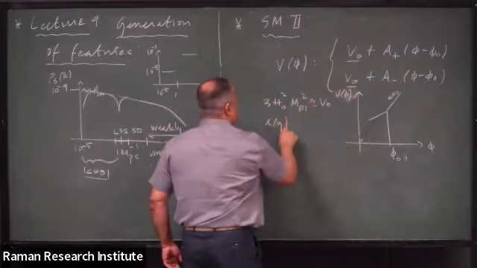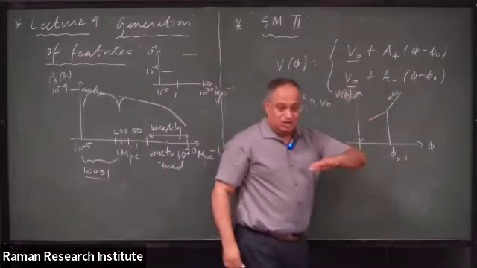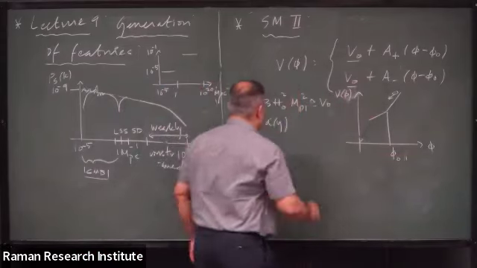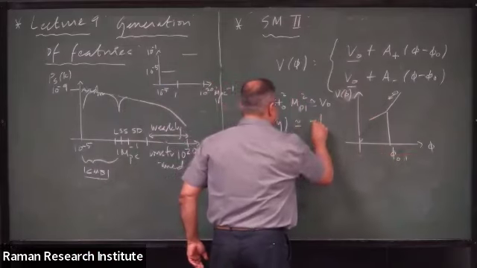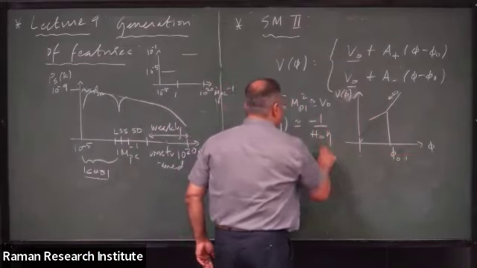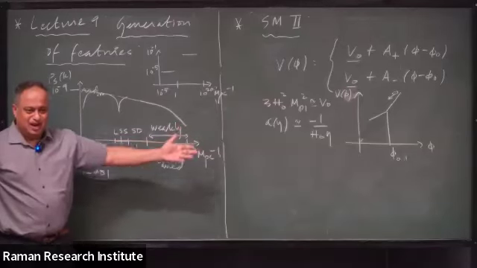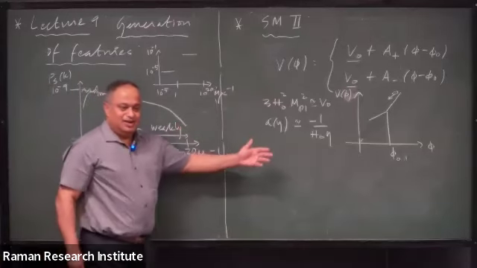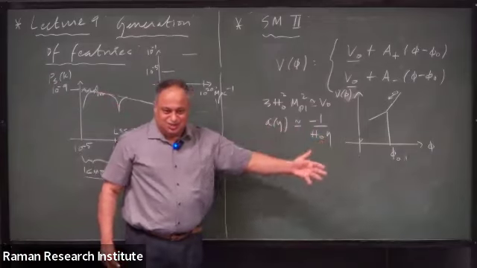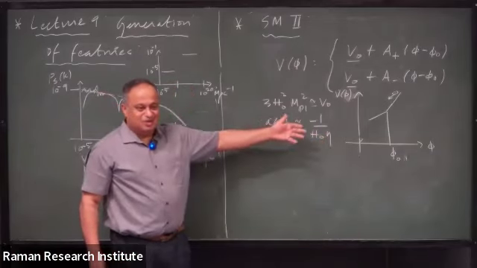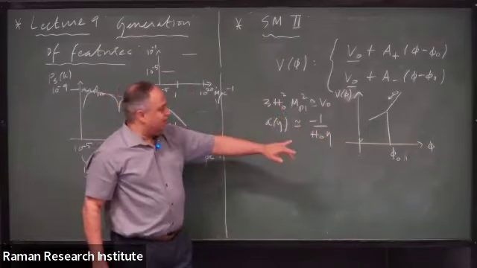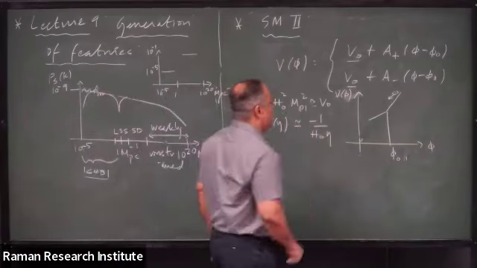If it is going to be driven by a constant V naught, we know that a of eta is going to be like minus 1 over H naught eta. For convenience, I'm going to use H naught to denote the Hubble parameter. This has got nothing to do with the Hubble constant today. This is the Hubble constant during inflation, driven by this constant potential V naught.